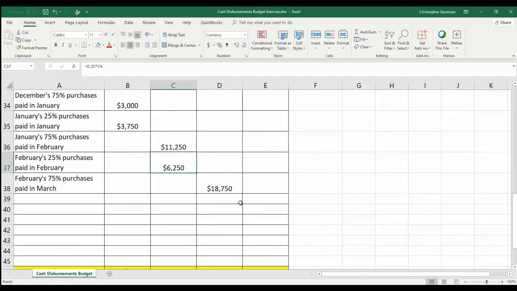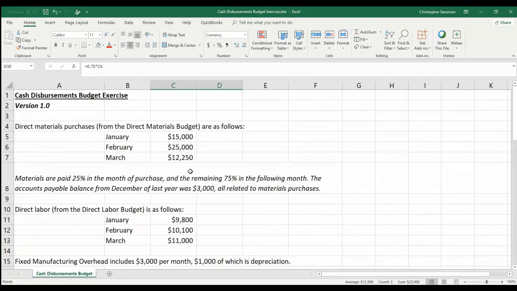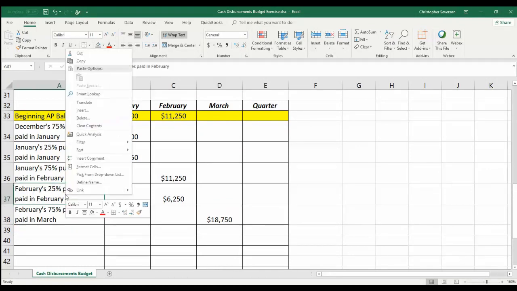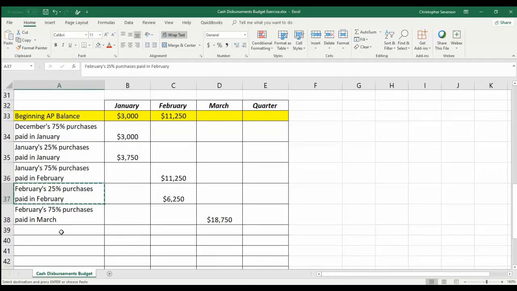So now notice, if I was to sum those two up, it's $25,000, which is exactly what February's purchases were to begin with. It's just covering two separate months. So here we have 75% of February's purchases paid in March, and I'm going to do the other piece that's paid in March.